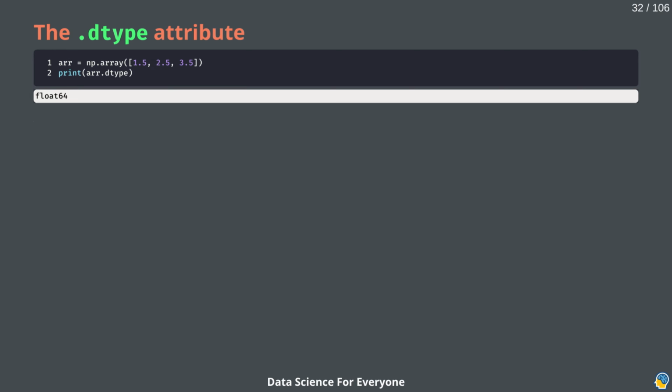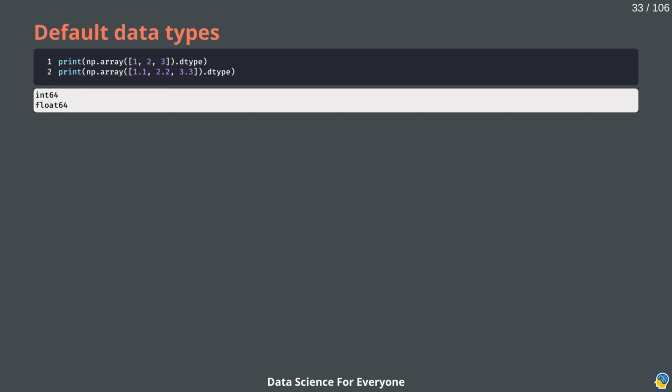We can check the data type of a NumPy array using the dtype attribute. If we create an array with floating point numbers, the default type will be float64. When we make an array, NumPy looks at the values and chooses a data type automatically.